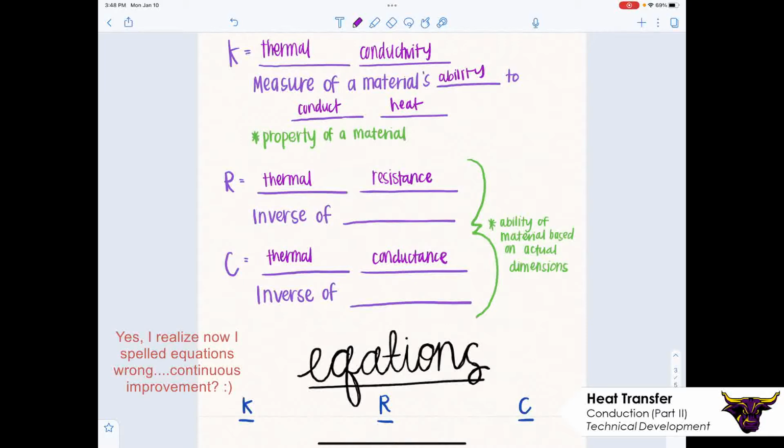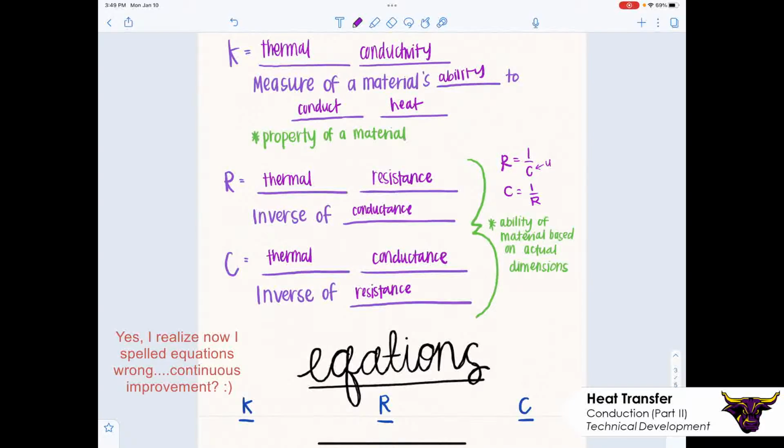So R is the inverse of conductance, and conductance is the inverse of resistance. So really that R, sorry, my iPad is falling over here. R is equal to 1 over C, if you heard any sort of crash, or C is equal to 1 over R. You may also see this C be U.